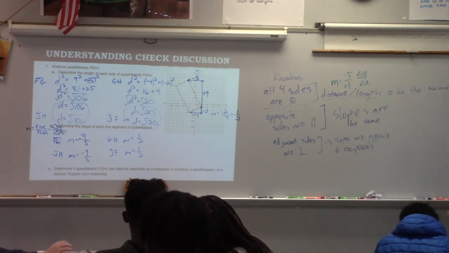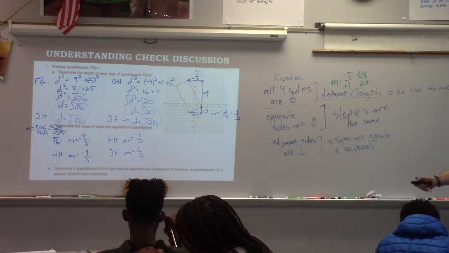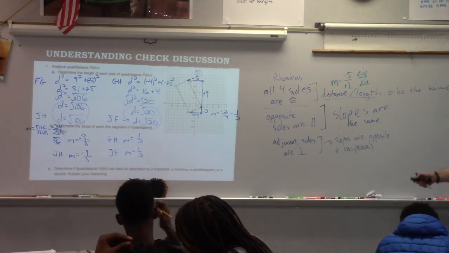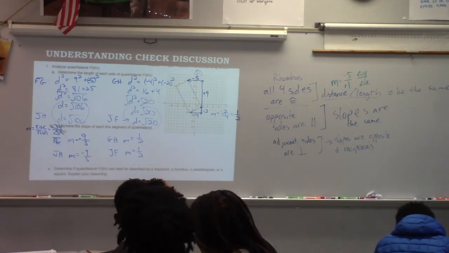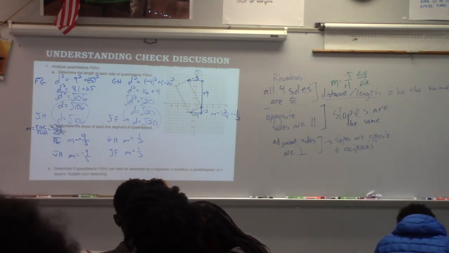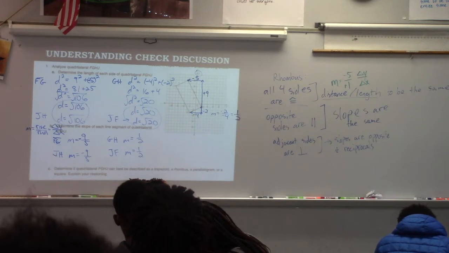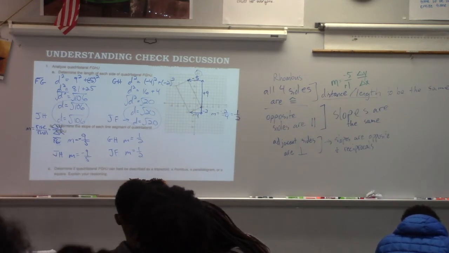Are they opposites and reciprocals? Negative 9/5 and a positive 1/2. Are they opposites and reciprocals? No. So is this a rectangle? No. It's just a parallelogram. Rectangle isn't even an option. I know. I'm aware. That's what I was confused about.